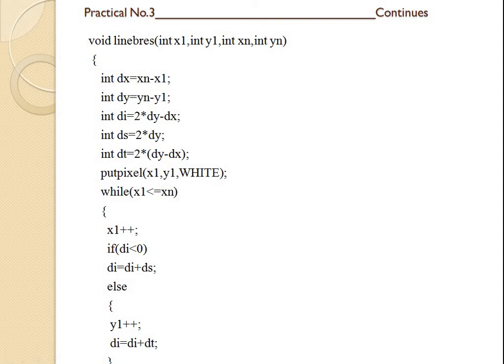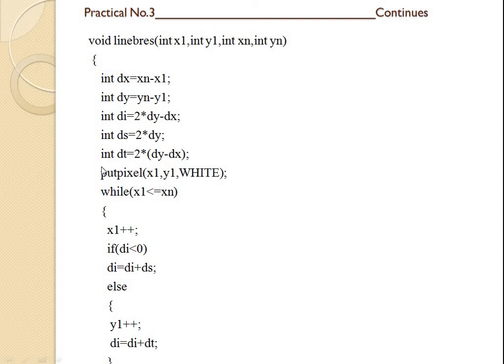This condition is applicable only if x1 is less than xn, then control goes inside the braces. If this condition is false, then control goes to the getch.